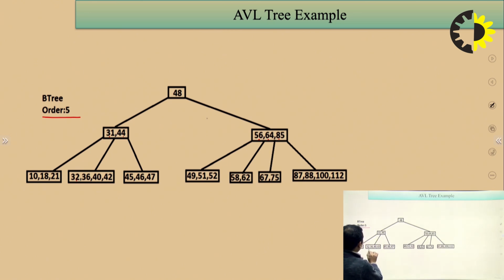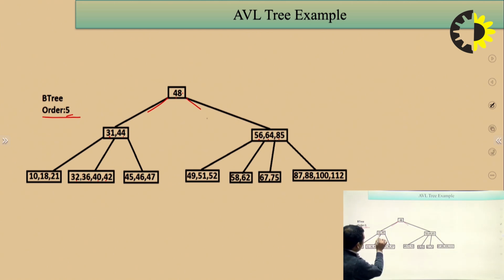So this is an example of a particular B tree. What does order 5 signify? Order 5 means a maximum of 5 children could be there for a particular node. If a node has one key value, as in the case of the root node, then 2 children will be there.